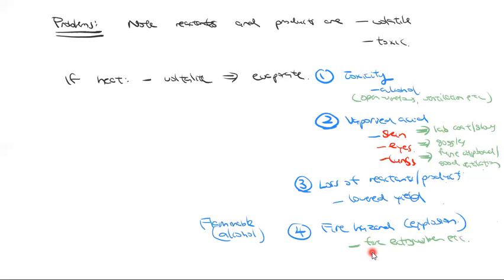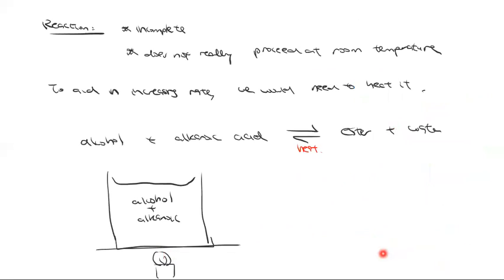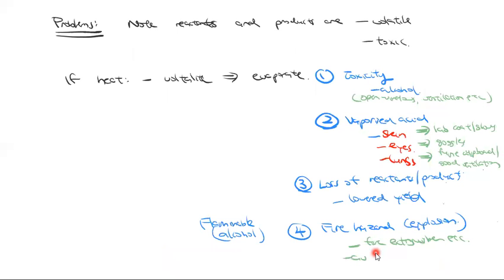But of course, we still need to heat it, and so, as you said, this still causes an issue with having a fire. So what we also want to do is avoid, if possible, certainly not close, a naked flame.